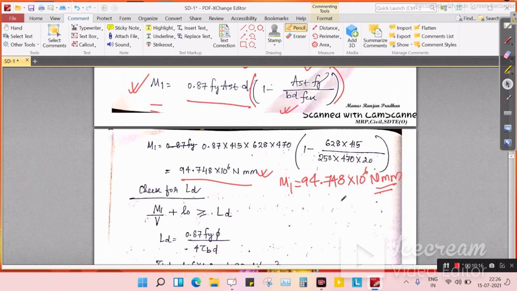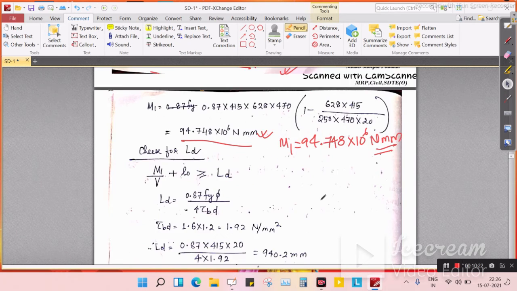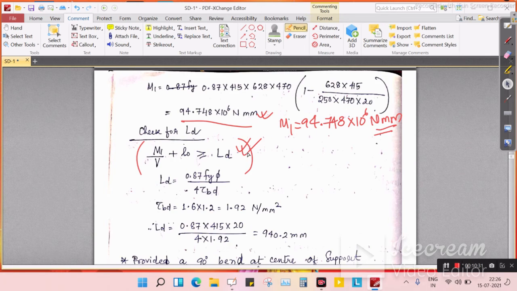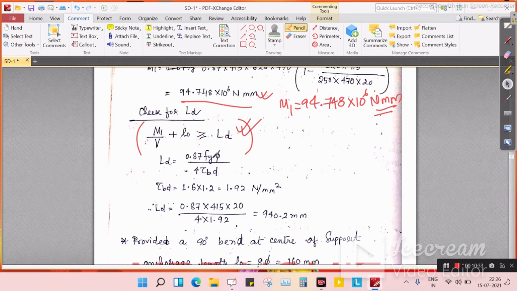Now, as we got M1, we know V, we know L0. So we have to check that codal provision: M1 by V plus L0 should be greater than or equal to LD. So LD is 0.87 Fy phi by 4 tau bd.